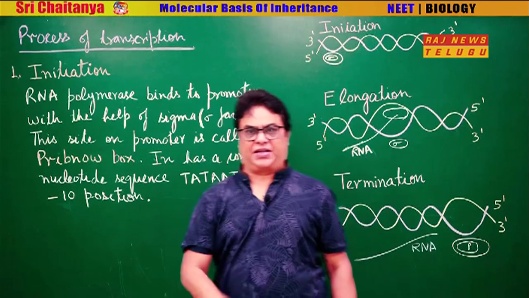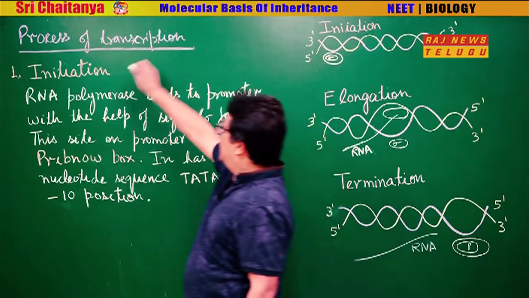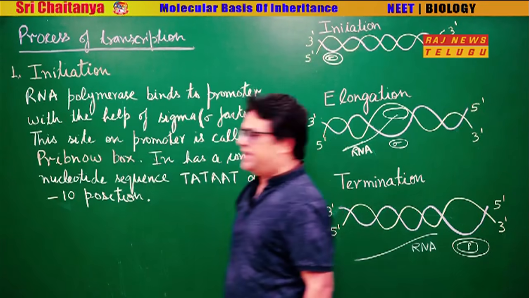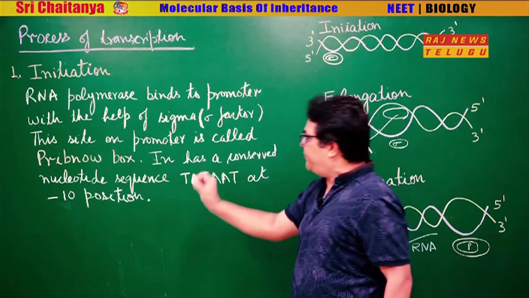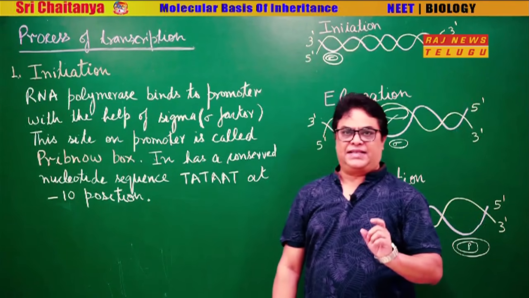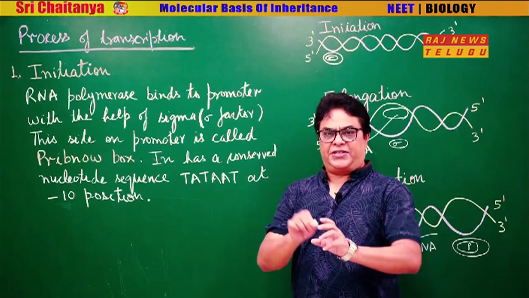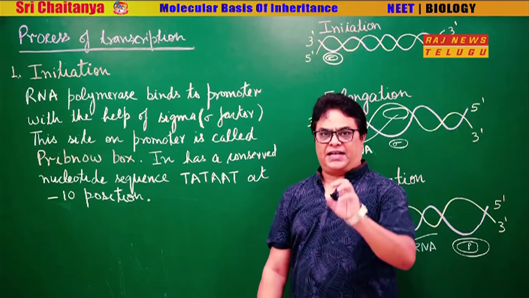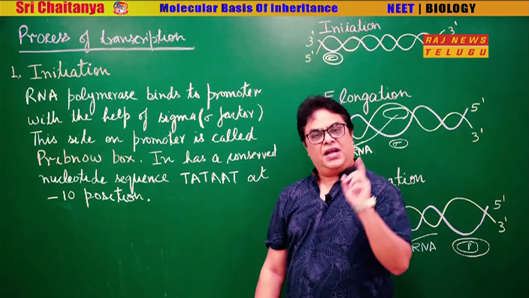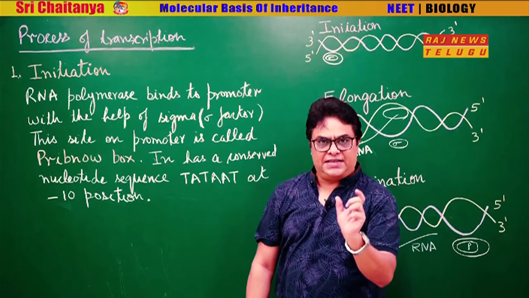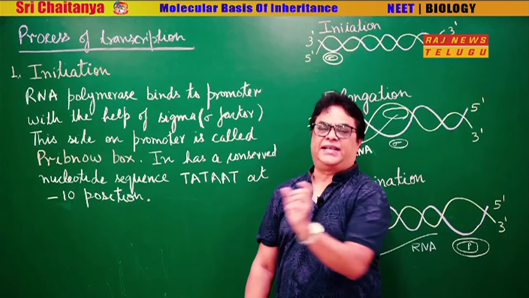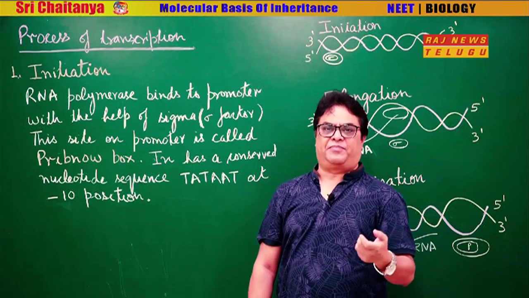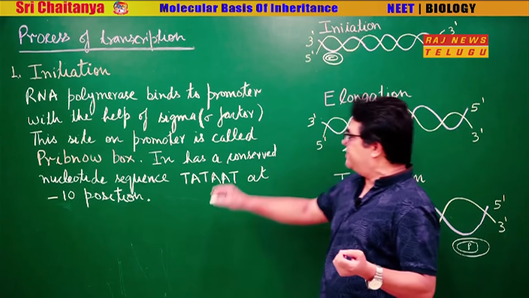So, let us start. As I said, the first process is initiation. First of all, the RNA polymerase enzyme, by attaching to the sigma factor, attaches to the promoter. I told you that the enzyme itself can only elongate the process. For initiating the process, it requires a sigma factor.